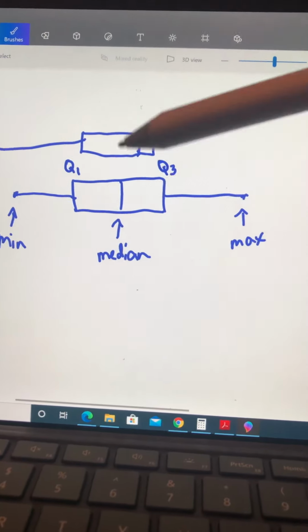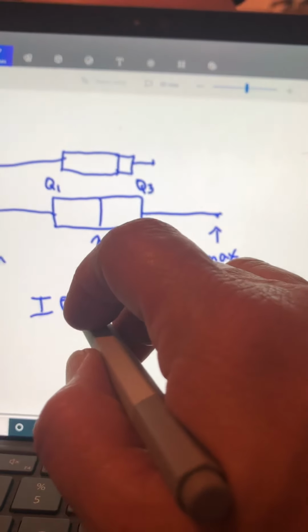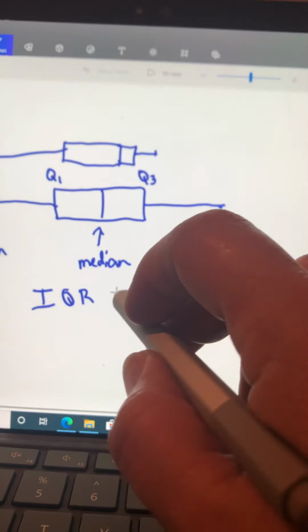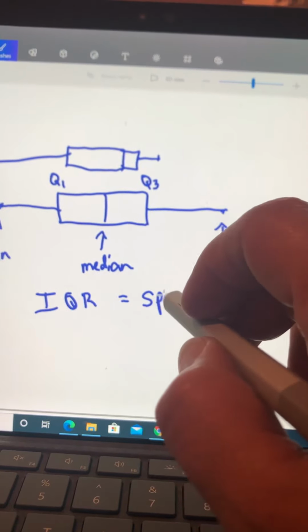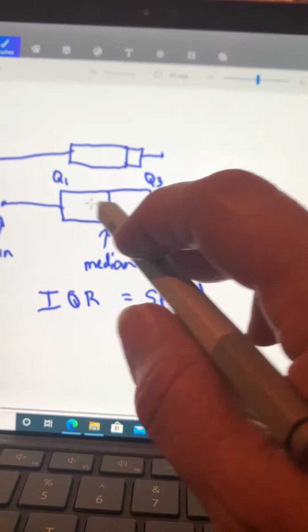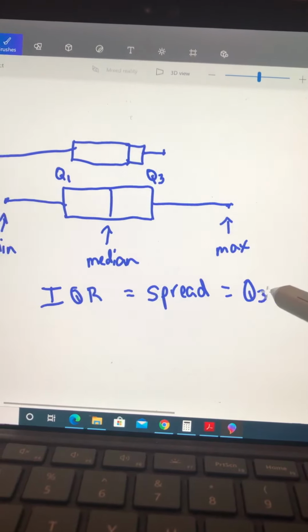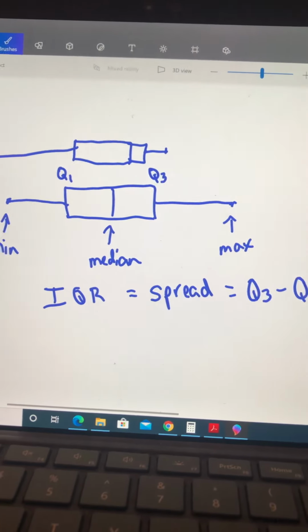But we also have what's called the interquartile range, abbreviated IQR. That is also known as the spread. Basically what we do is we take the inside range, if you will. So that would be Q3 minus Q1.